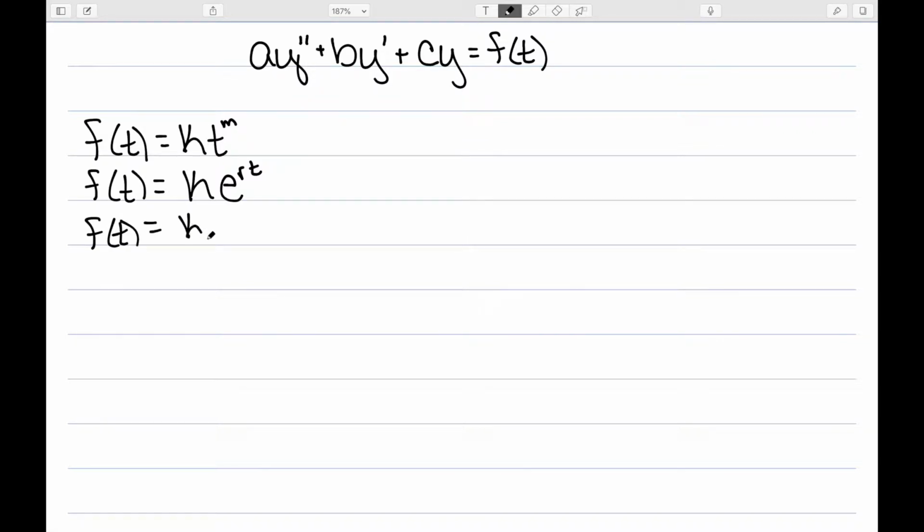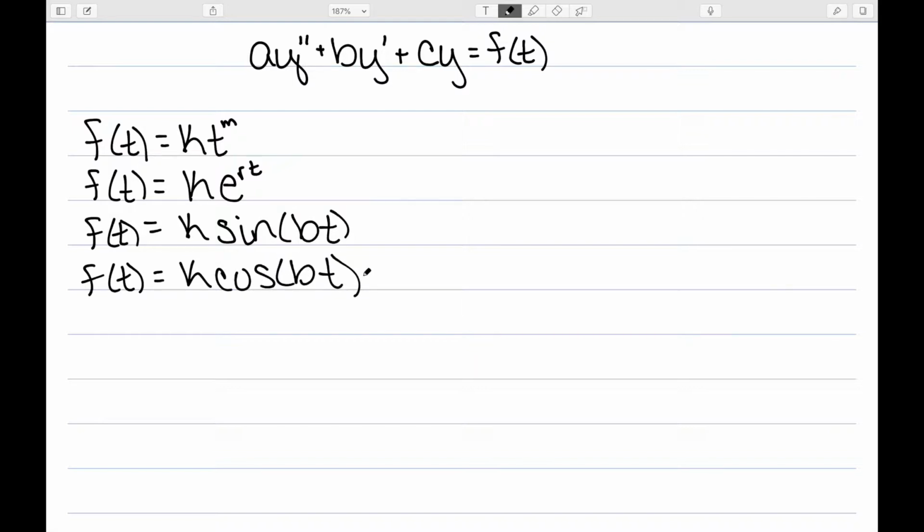And then we'll also consider k times sine bt, as well as k times cosine bt. So we'll consider all these different things for f, and then we'll also consider products of these for now. And in a later video, we'll look at sums of these 4 things right here.